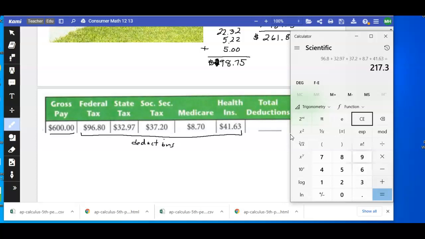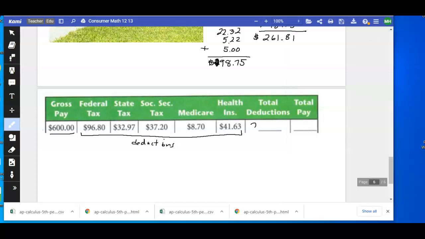And enter. And the deductions there are $217.30. So that's what we would put in here, $217.30. And then we're going to take 600 minus 217 to get the total pay.